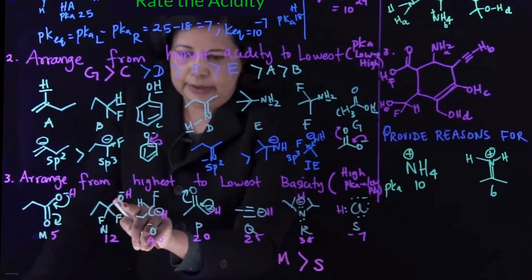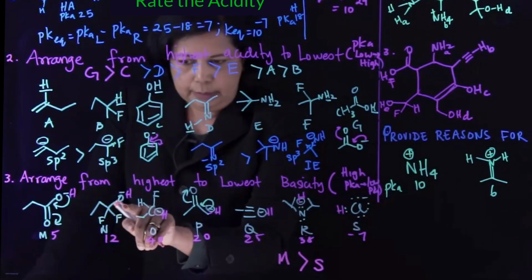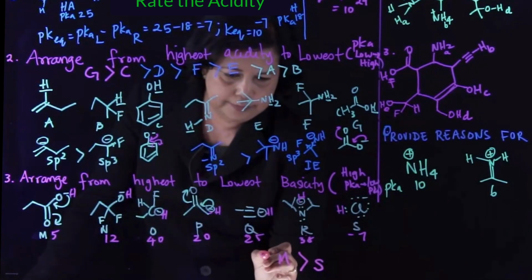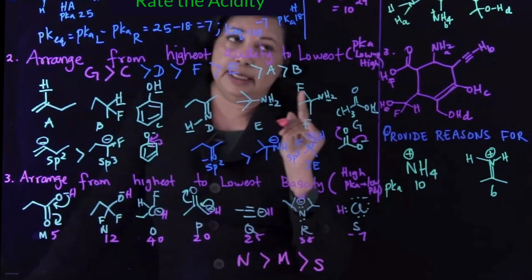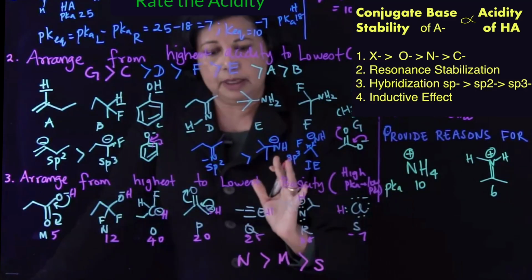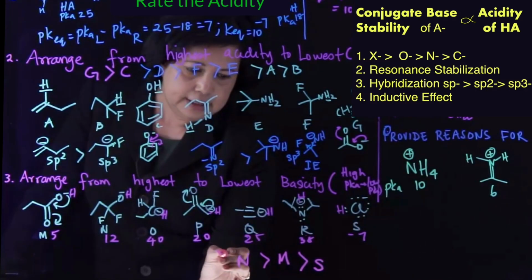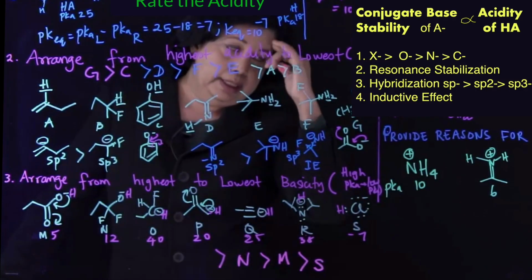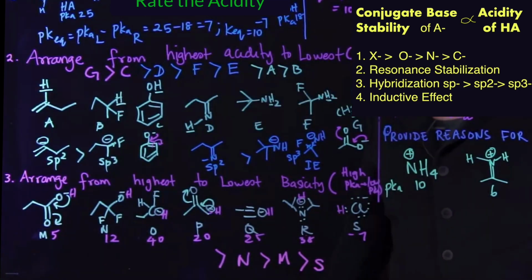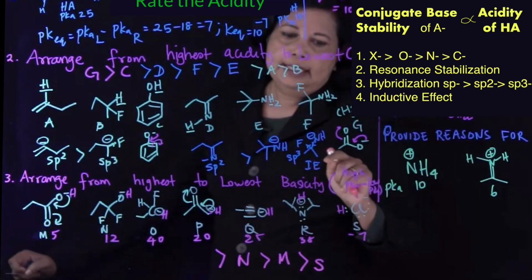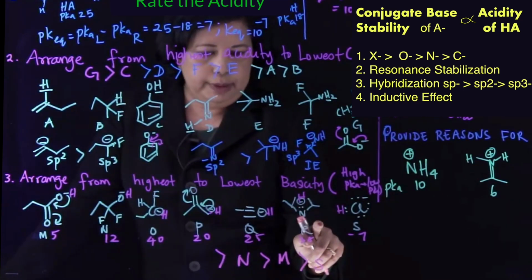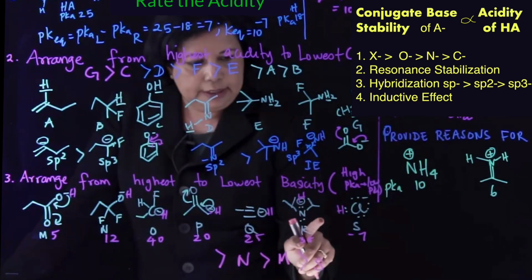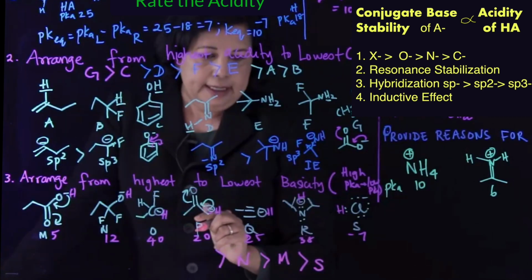And then that's going to be next because you have an oxygen. This one doesn't have resonance. It has inductive effect, but inductive effect is always not as powerful as the resonance effect. So then the next one is going to be on your nitrogen. In this case, the nitrogen here is typically about 38.